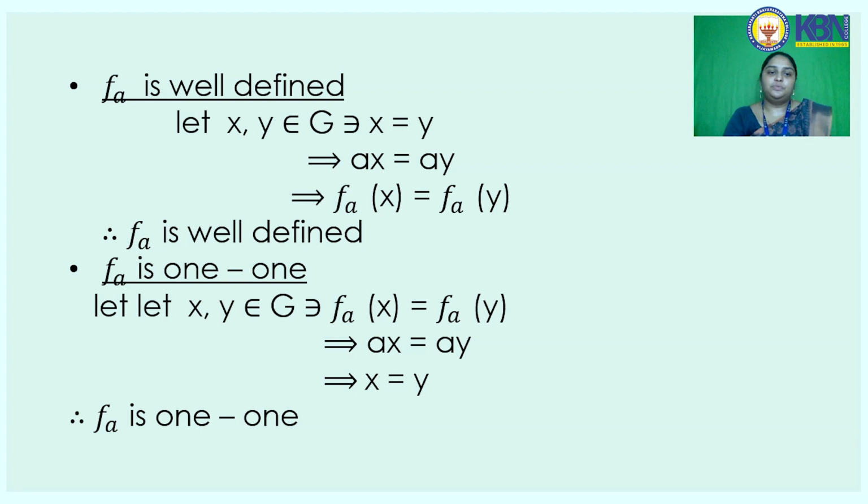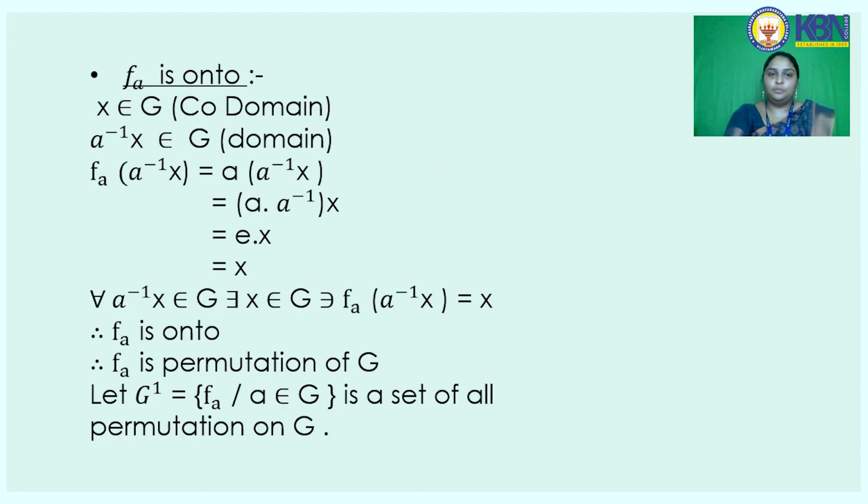For that purpose, we take 2 elements x, y in the set G and consider f_a(x) equal to f_a(y). By the mapping, we can write f_a(x) as ax and similarly f_a(y) as ay. By using cancellation laws, ax equal to ay gives x is equal to y. In this part, we proved that if the images are equal, then the elements are equal. If it satisfies this property, then the mapping is said to be one-one.